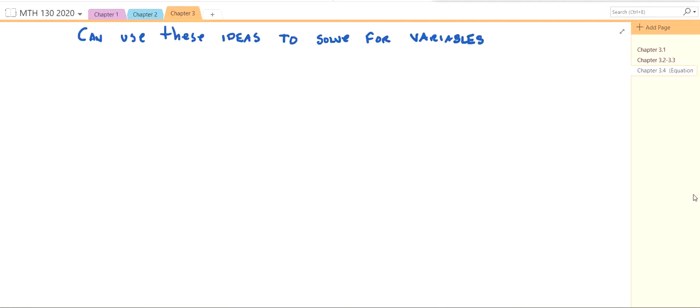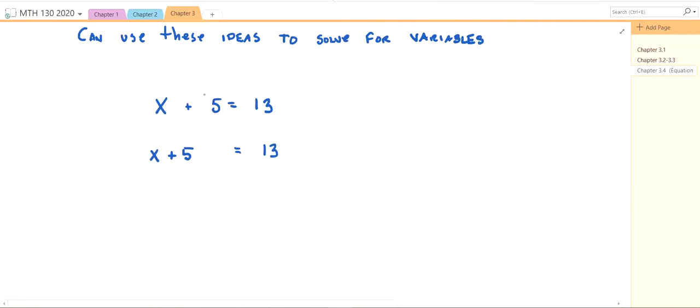So let's extend these ideas. We can use this approach to solve for variables. Suppose we have x as a variable plus 5 equals 13, and we want to know what x is. Well, we want to get rid of the 5 on this side and isolate x.